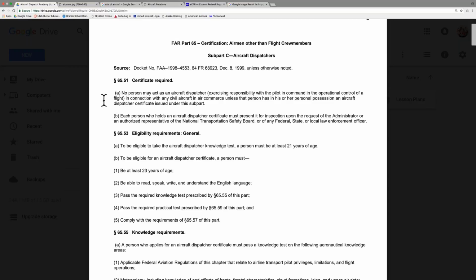Now, in order for you to actually get your certificate, you have to be 23. Like last class, we had a kid that was 22 years old. He passed all of his exams and completed the course, but he will not actually receive his certificate and cannot operate as a dispatcher until he is 23 years old.